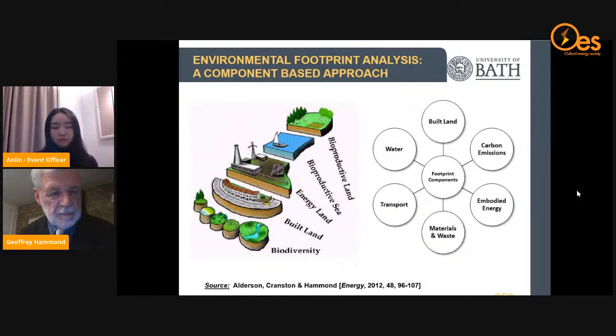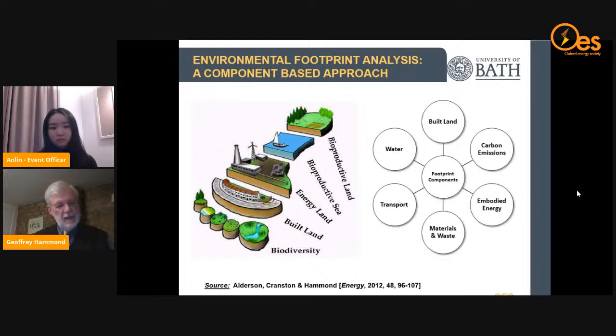Now, in addition to using life cycle assessment, we also use this technique of environmental footprint analysis. And this is a diagrammatic sketch of what we mean. It was developed by some researchers at the University of British Columbia in Canada. And it tries to get a measure of the impact of things like biodiversity, the impact on built land, on energy land, that's the energy uses, bioproductive sea, and bioproductive land.